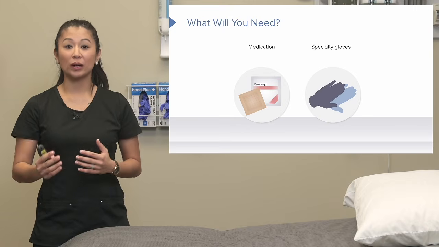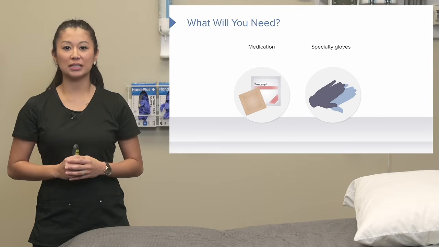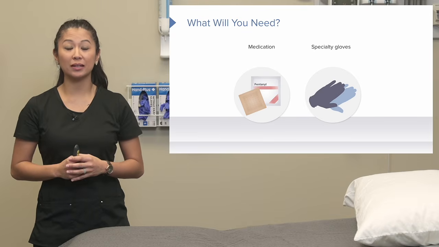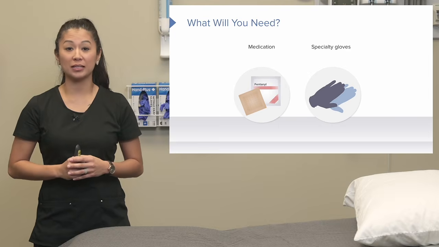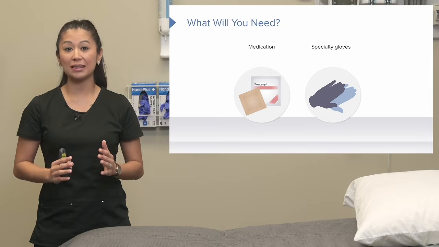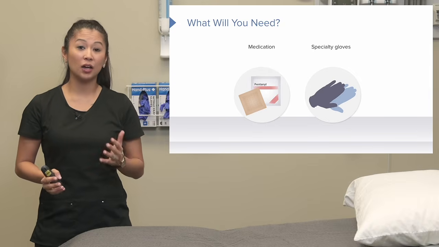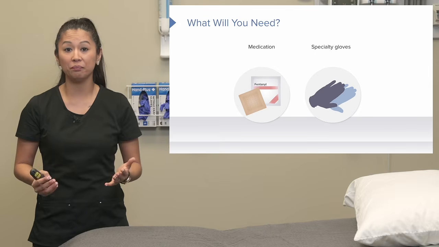So when we go give a transdermal medication, what are we going to need? First of all, the medication itself and also gloves to apply it. Let's take a minute to look at this specific medication delivery system. It's a really neat medication system for the reason that it's pretty no mess. You put on a patch of medication that usually adheres to the patient's skin.